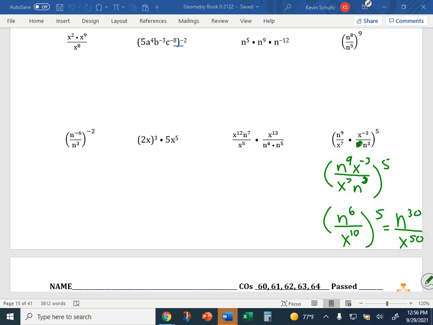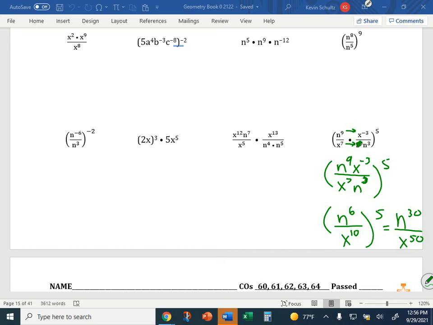Woo! Okay? So just to recap this. First, I eliminated my z to the 0 because it's just 1 anyway. Then, because within those parentheses I'm just multiplying fractions, I multiply straight across and combine my n to the 9th and x to the negative 3rd together. Same thing with my x to the 7th and my n cubed here, right? Just combine the fractions because you multiply straight across and there they are.